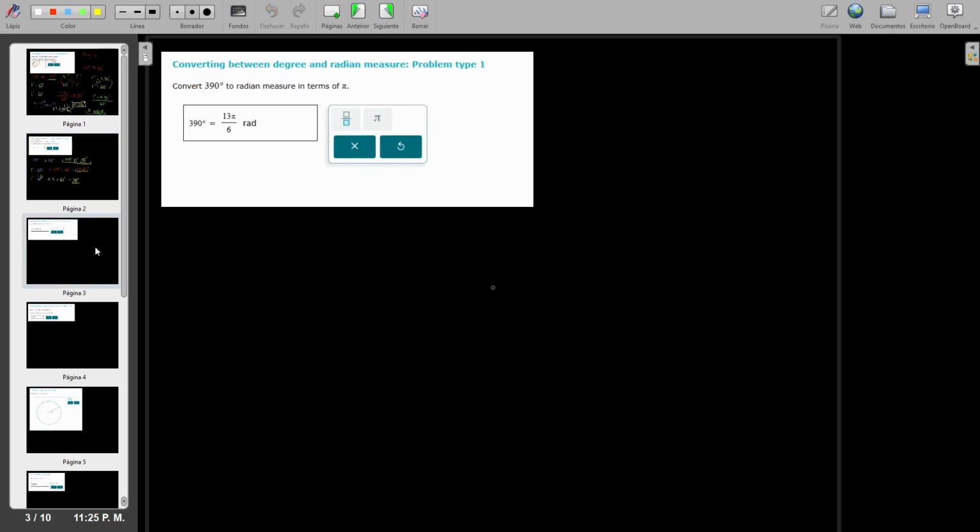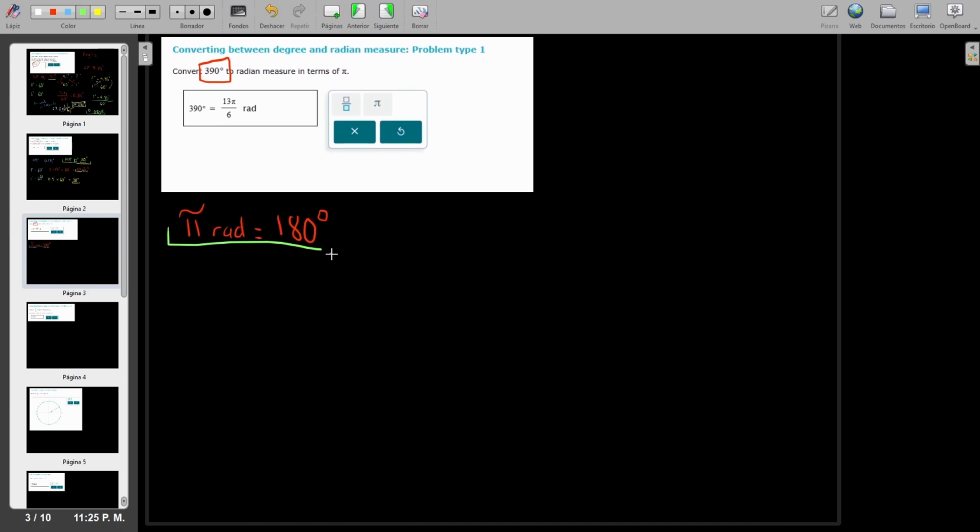Now, the next one. We are going to be transforming degrees to radians. You need to have this value in mind: pi radians is equal to 180 degrees. This is the value that you need to be always aware of.